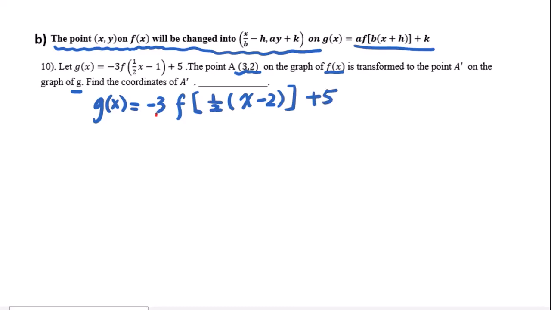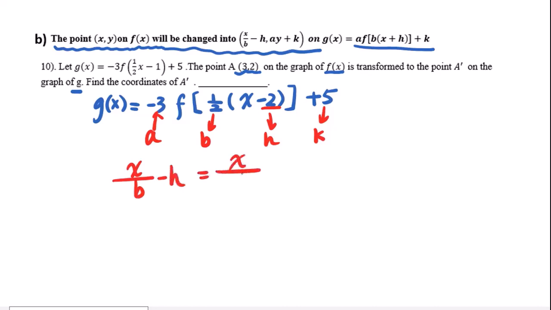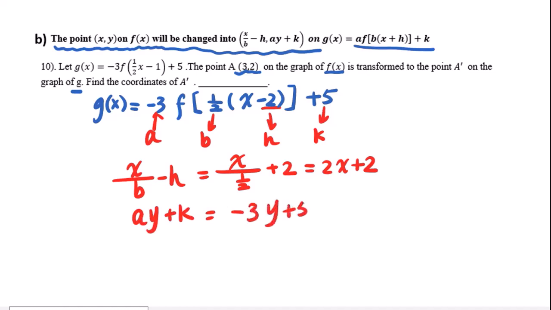We will figure out this is A, this is B, this is H, here is K. So for x over B minus H equals x over 1 over 2 plus 2 equals 2x plus 2. For ay plus k equals negative 3y plus 5.